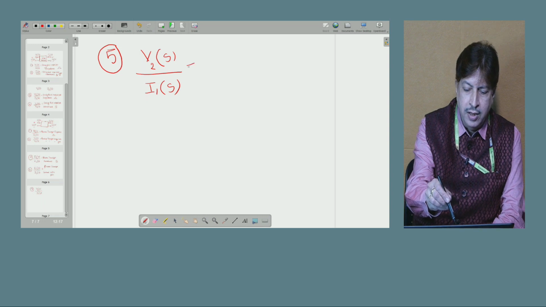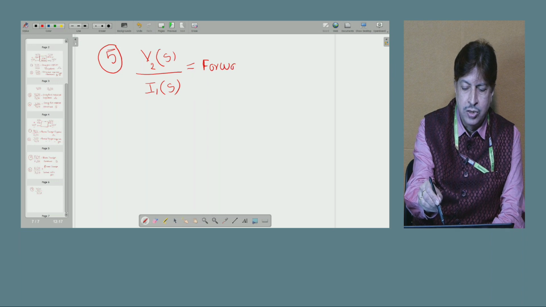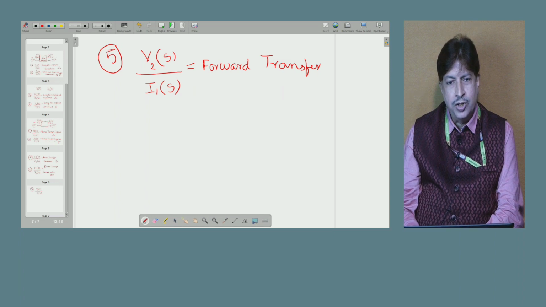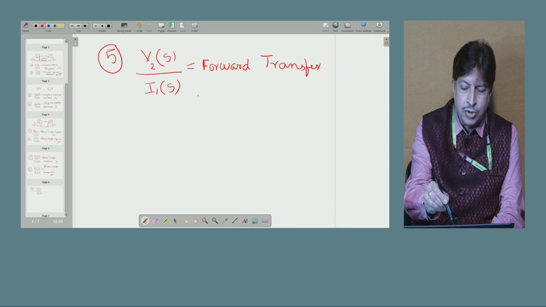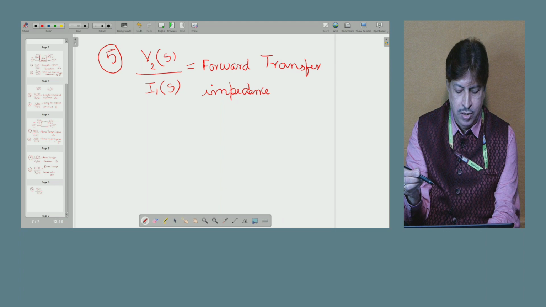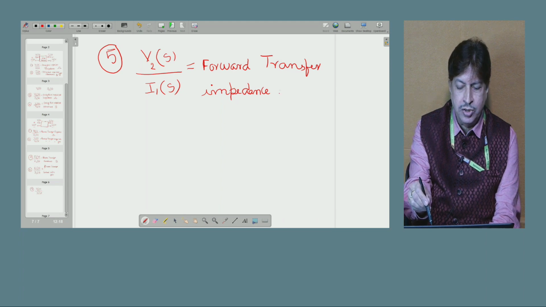Accordingly, the name we give to this transfer function is forward transfer. That ratio is indicating impedance. Voltage to current ratio is impedance. Forward transfer impedance function and its unit is ohms.